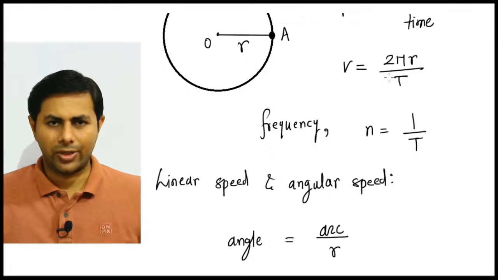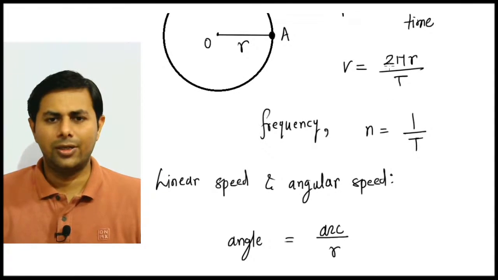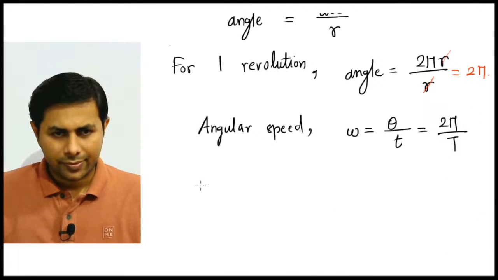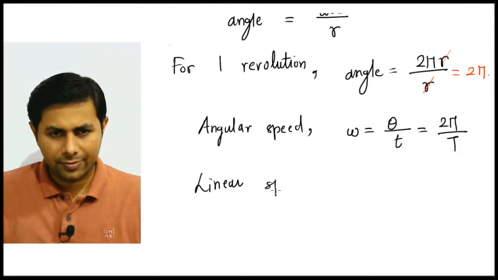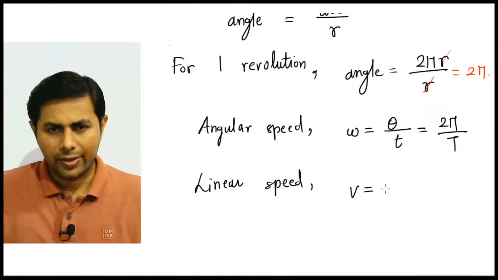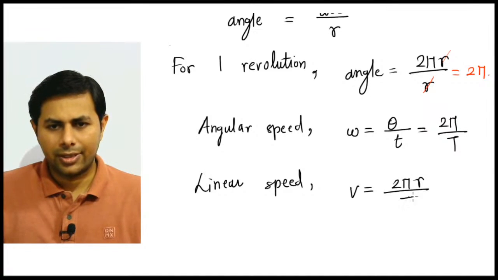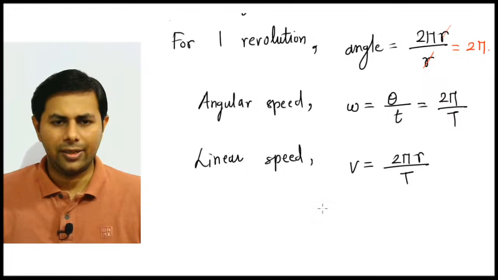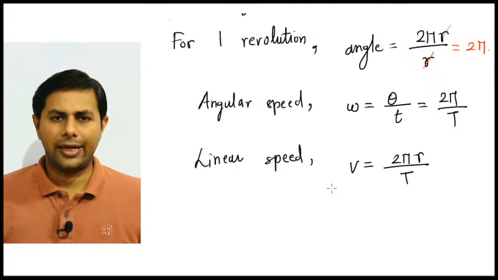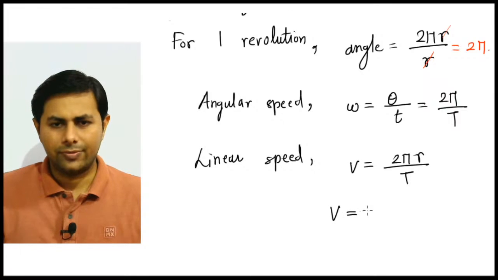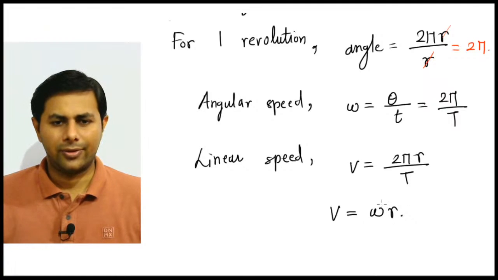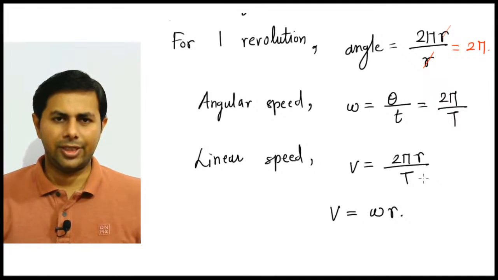For linear speed of particle performing circular motion, we have this formula 2 pi r divided by T. So linear speed v equals 2 pi r divided by T, and if I substitute omega in place of 2 pi divided by T, we get the relation between linear speed and angular speed. So v equals, 2 pi by T is omega, so omega multiplied by r.